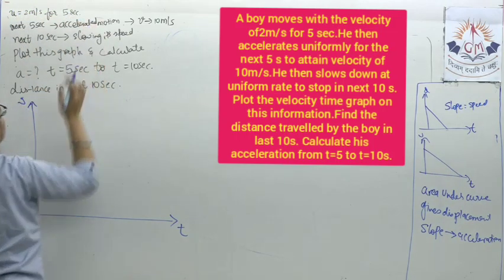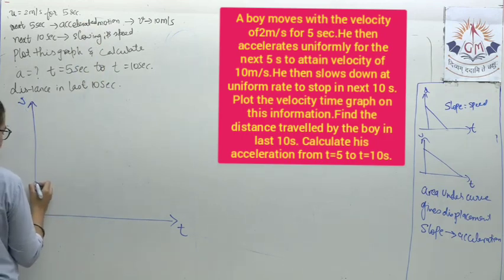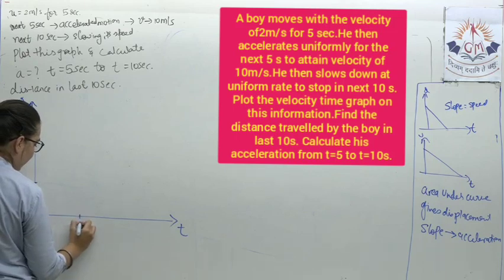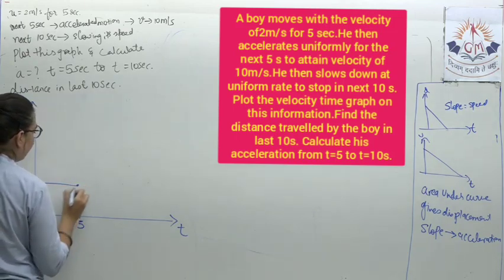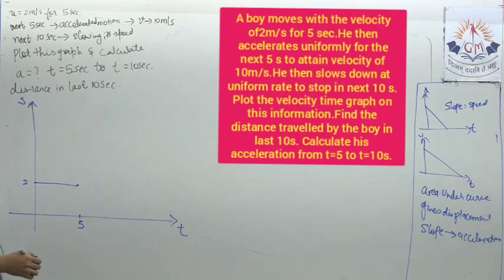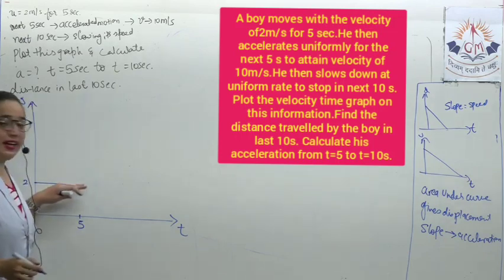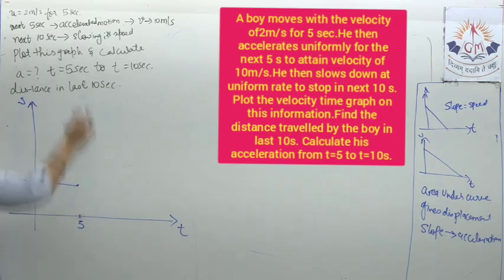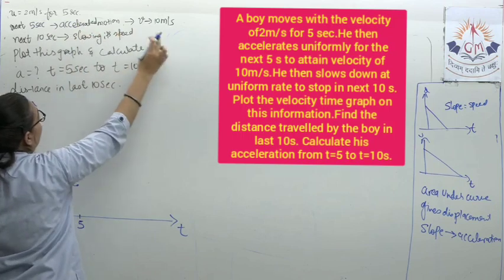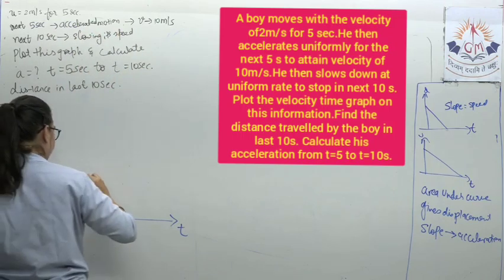For 5 seconds, its velocity remains the same. Suppose this is 2 till 5 seconds. Its velocity is not changing. So this is 0 acceleration and uniform motion. Next 5 seconds, accelerated motion till 10.